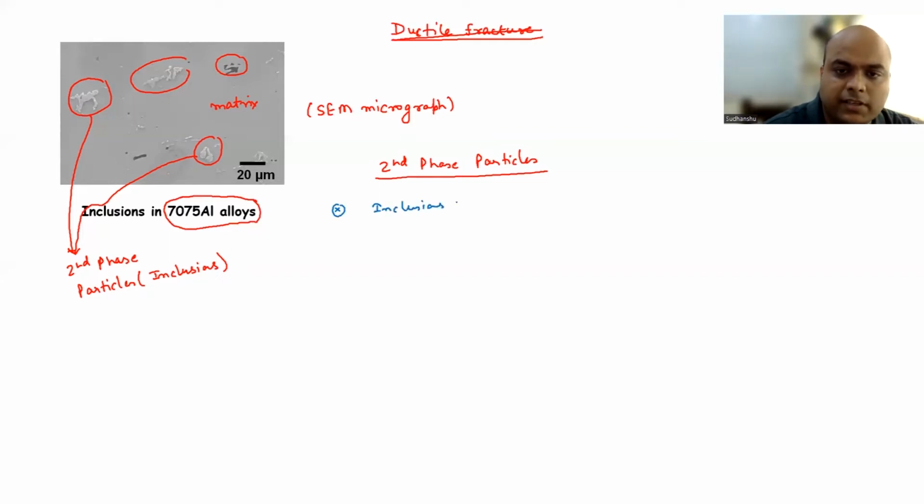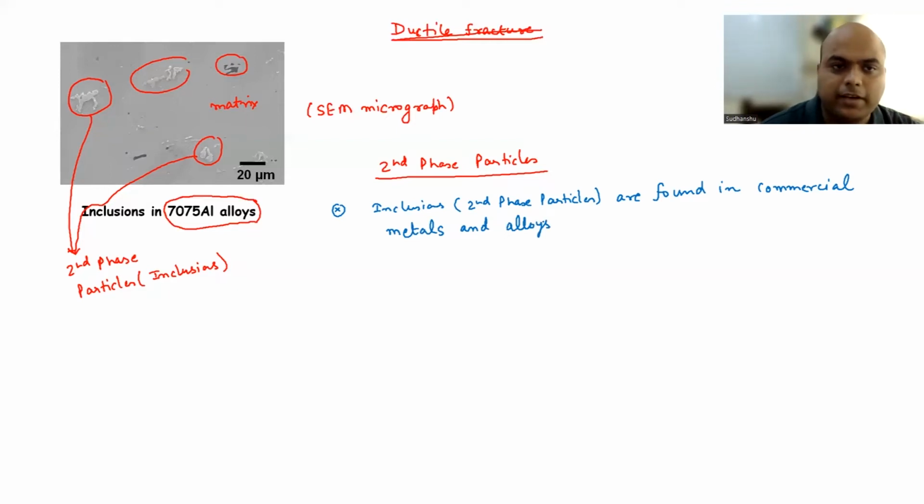In some books, these are also called second phase particles. They are found in commercial metals and alloys, as I have shown here.